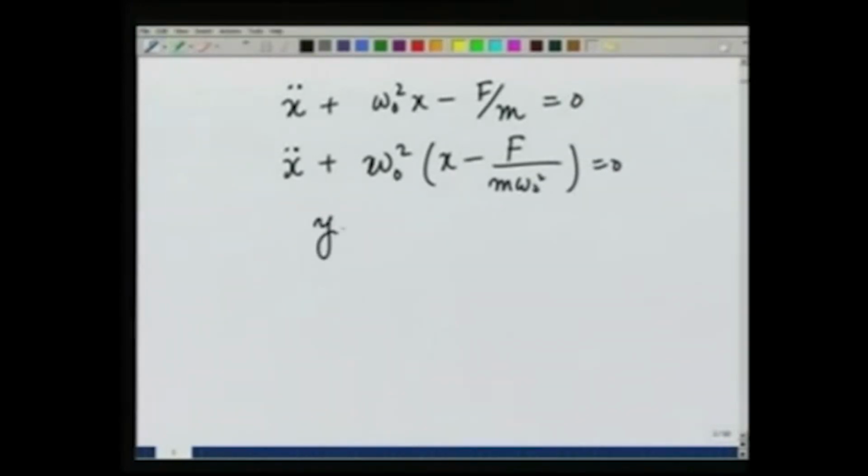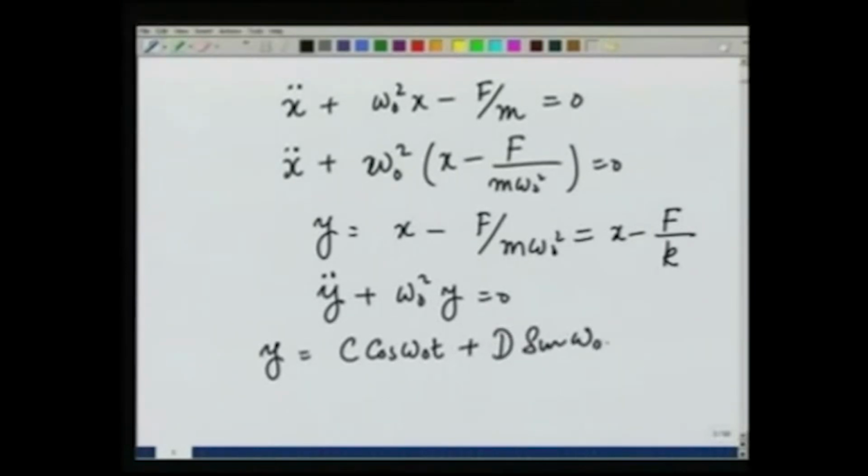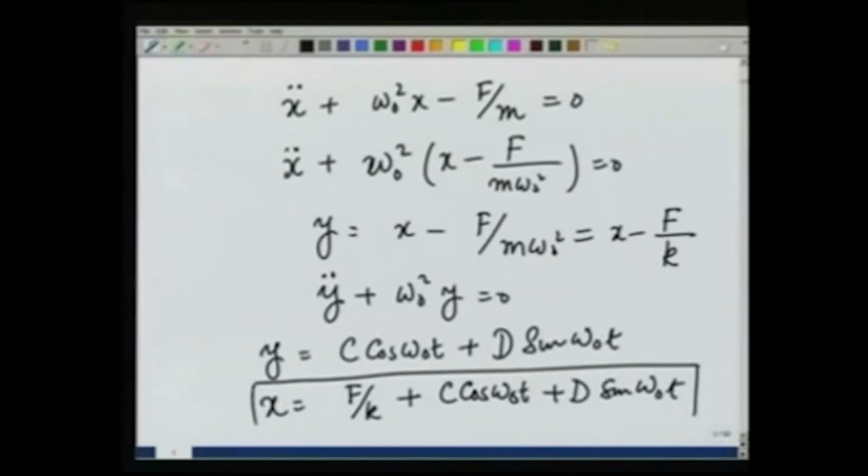Redefine y is equal to x minus f over m omega 0 square, or equivalently x minus f over k, and your equation looks like y double dot plus omega 0 square y is equal to 0, and I know the solution for this in general is y is equal to c cosine of omega 0 t plus d sine of omega 0 t, and therefore x is going to be equal to f over k plus c cosine of omega 0 t plus d sine of omega 0 t, where c and d are determined by the initial conditions.